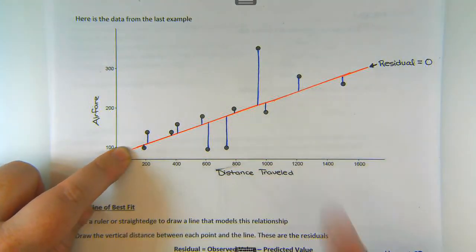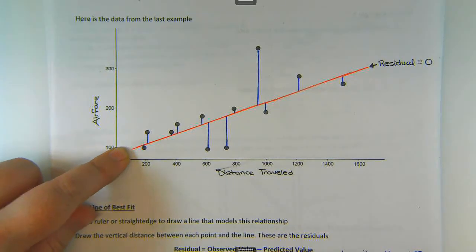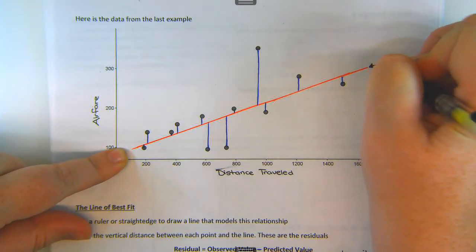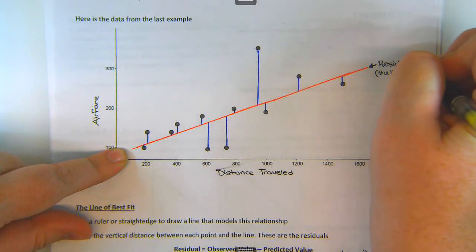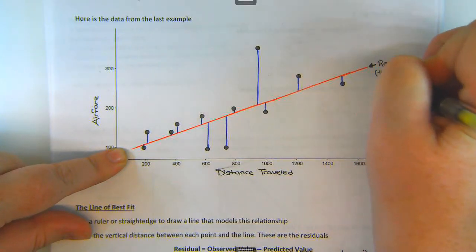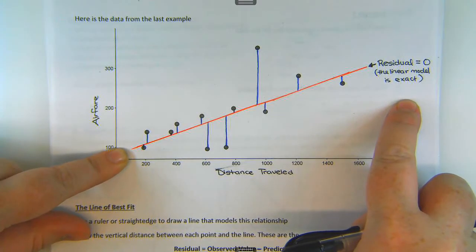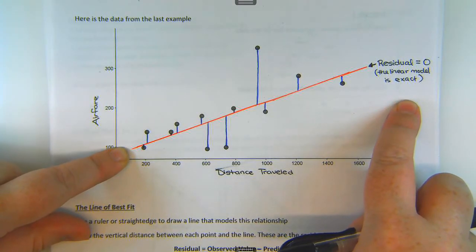And what this would mean is that this linear model at that moment is exact. That means it predicted exactly correctly based on what was actually observed.